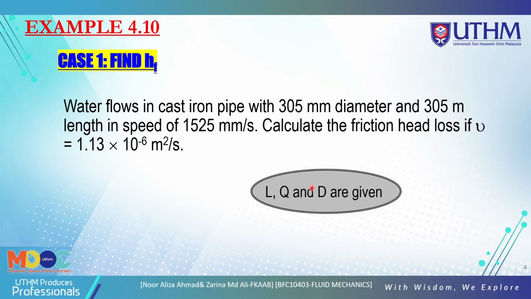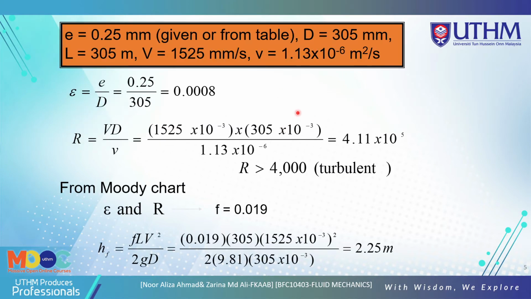The parameters given are the length of 305 meter, Q of 1525 mm per second, and D of 305 mm. So this table is based on the data given here.